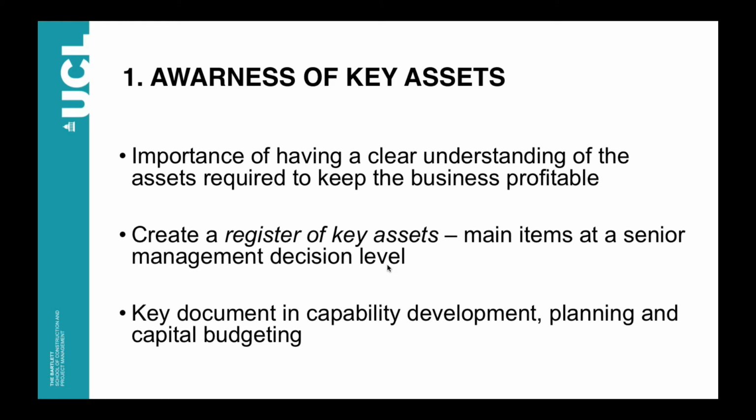So the best strategy is to create a register of key assets. It means the main assets that must be managed at senior level. This register of key assets is going to be a key document for capability development, for establishing the right plans, and for capital budgeting.